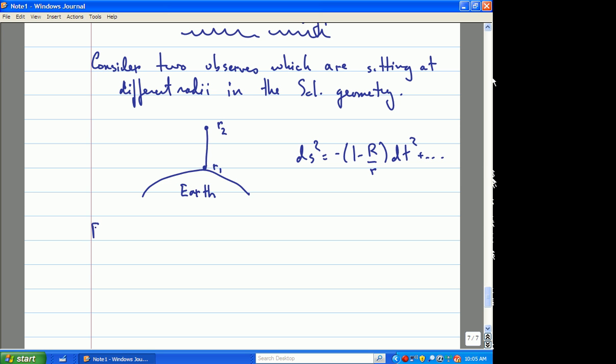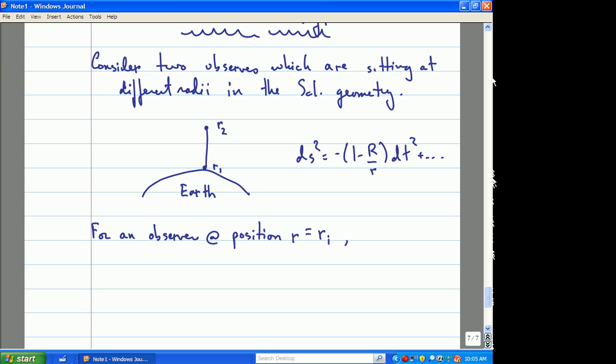So for one of these observers, at a constant radial position, so let's say R equals Ri, where i is equal to 1 or 2, then you could ask how much proper time elapses for that observer as measured by a clock which this observer is carrying with them. And you could ask how much proper time elapses per coordinate time t.